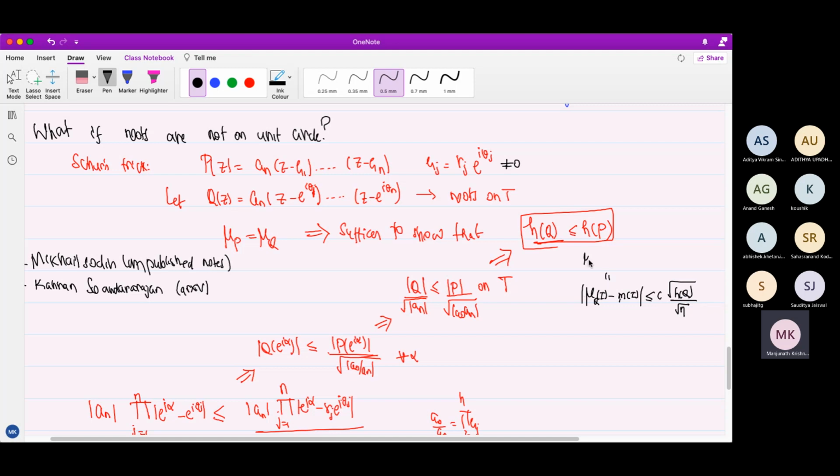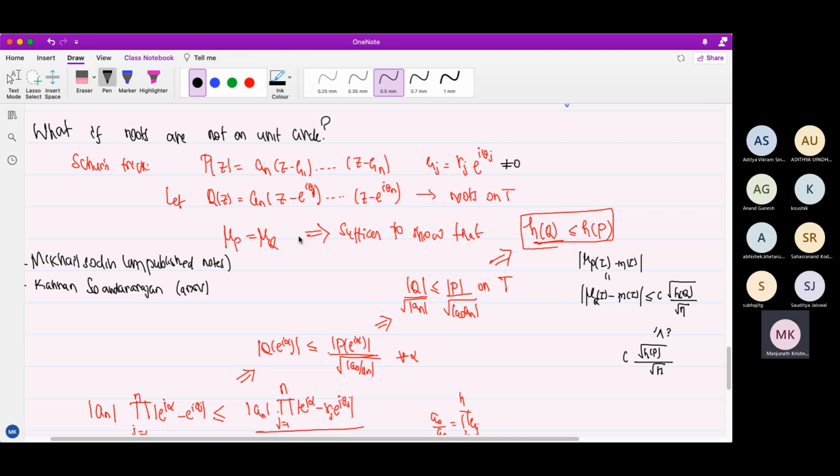But this is the same as mu P of I minus m of I. So all I need to show is that this is bounded by h of P. If you can show that h of Q is bounded by h of P, then you're done.